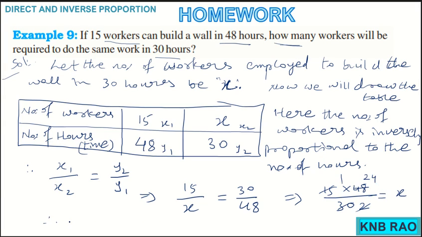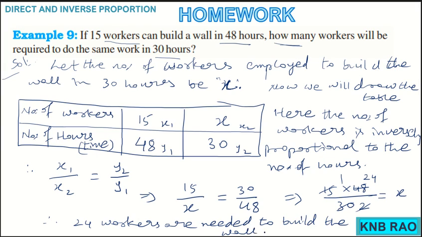Therefore, 24 workers are needed to build the wall in 30 hours.